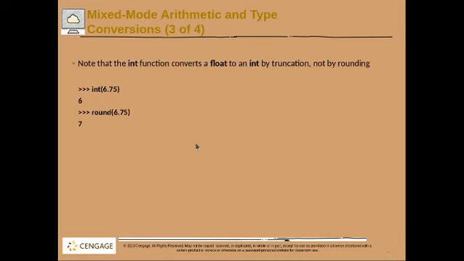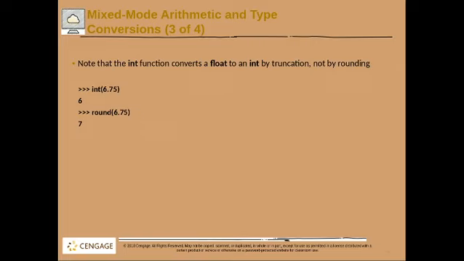Another value. Here, if we convert, for example, this float value 6.75 to an integer, it doesn't round off the value. It just cuts the value at the decimal point.